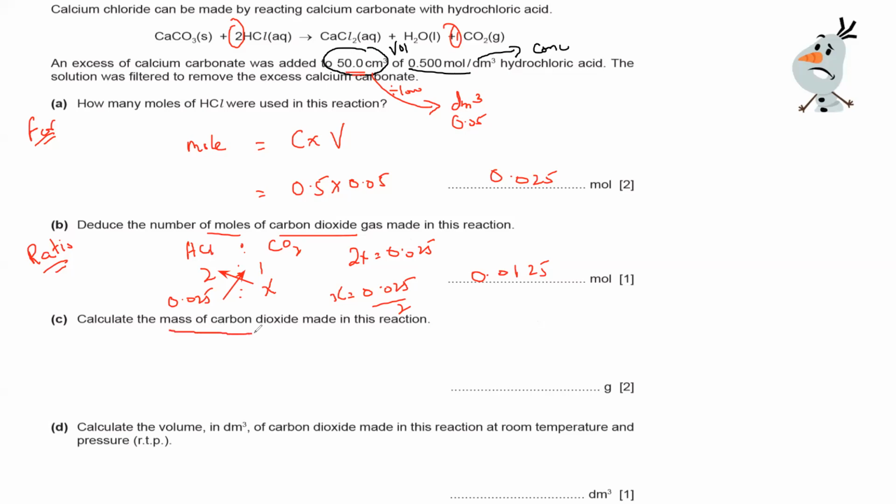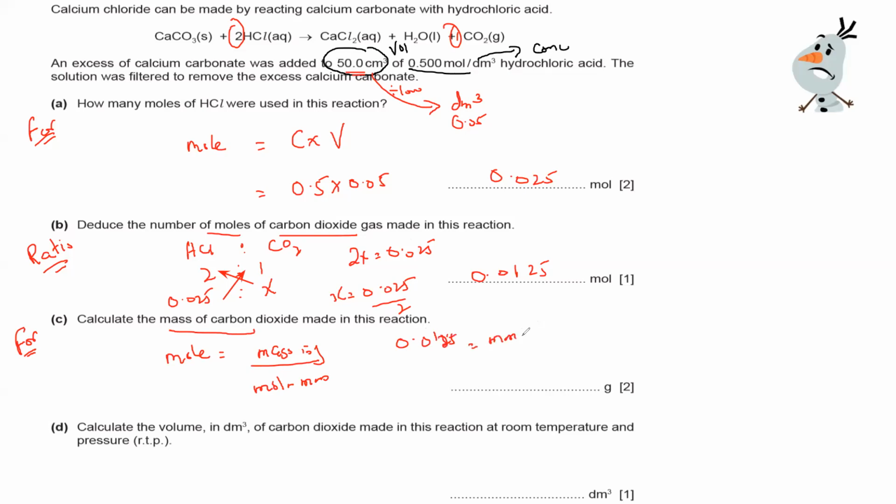Then we need the mass of carbon dioxide. How to get the mass of carbon dioxide? We'll use a formula. Moles equal mass in gram divided by the molar mass. We have the moles already, which is 0.0125.